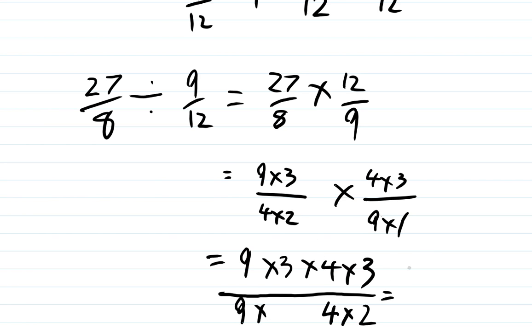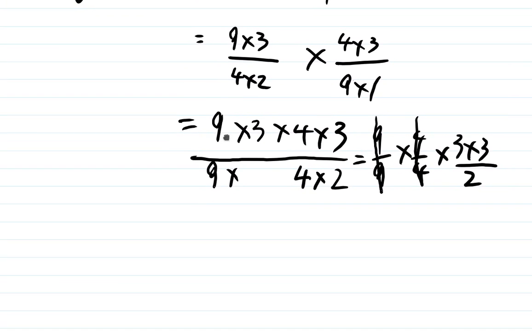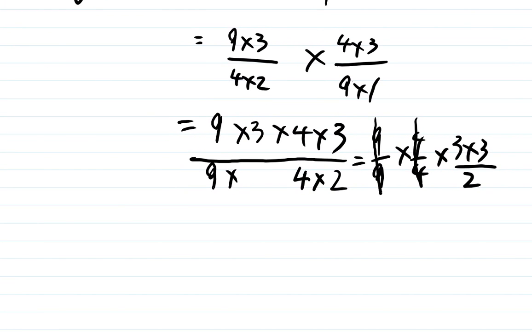So this amounts to 9 over 9 times 4 over 4 times 3 by 3 up top over 2. Well, guess what? 9 divided by 9 is 1. 4 divided by 4 is 1. So you see they cancel. So what you have up here is 3 by 3, 9 divided by 2.